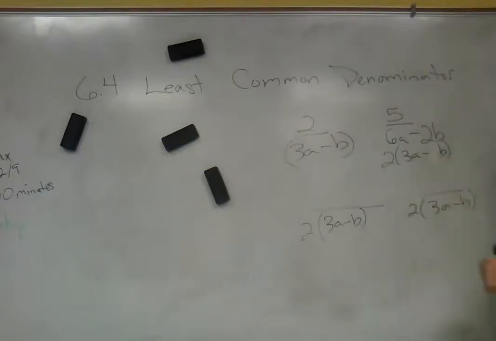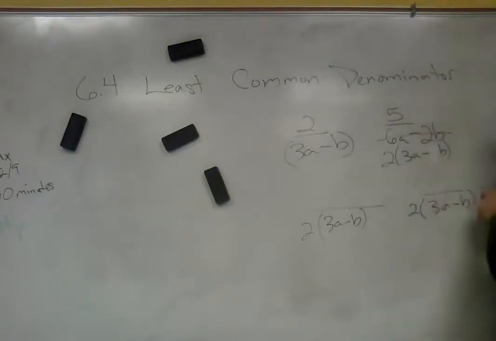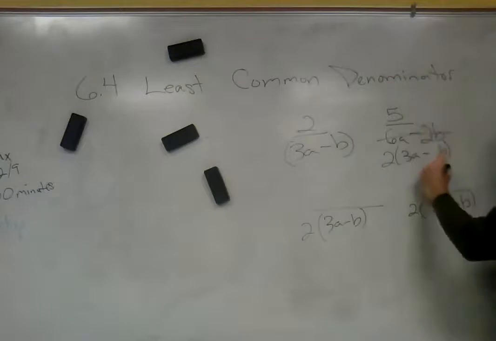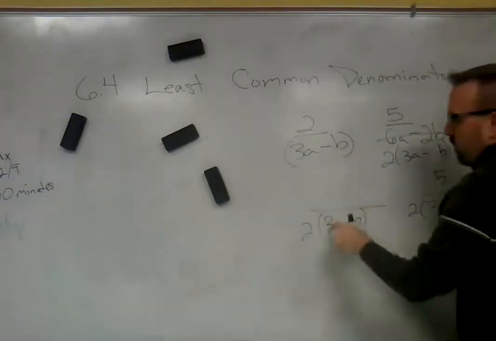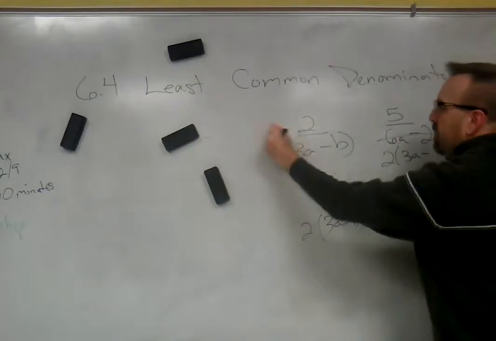3a minus b. So now let's look at this is the same. So do we need to change? We did not change the denominator, so do we change the numerator? We multiply by 1, basically. But over here, what did we multiply this denominator by? We multiplied by 2.